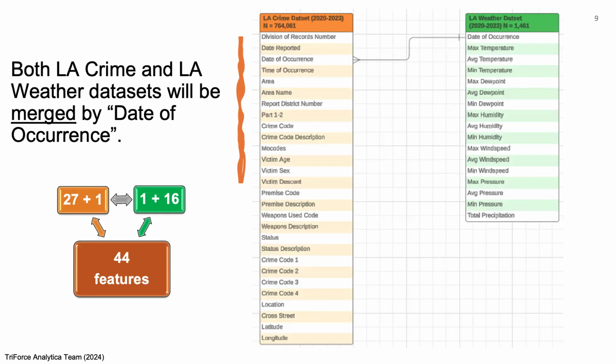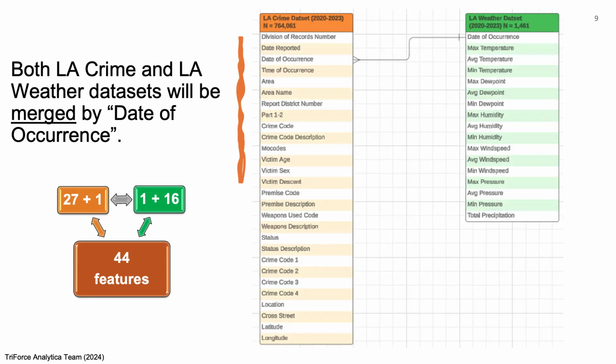We tried to search for this data set, and it took us a while to get this, but this covers the whole of LA, and all we're doing is merging by date of occurrence. Okay, great. Yeah, understood, I got it. So this is the weather of LA, and you will take it day to day, how the crime will go.